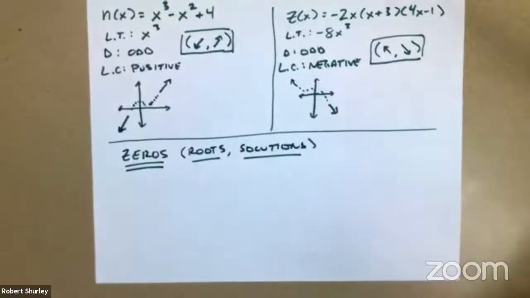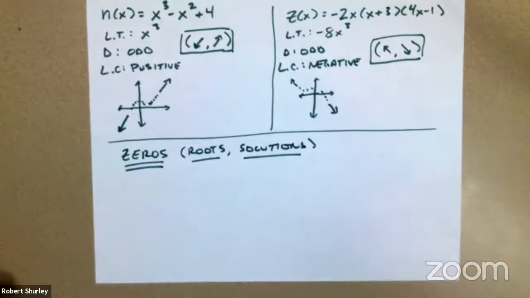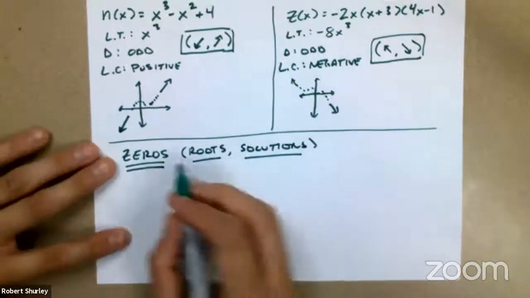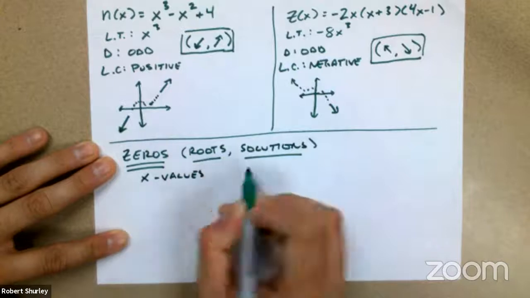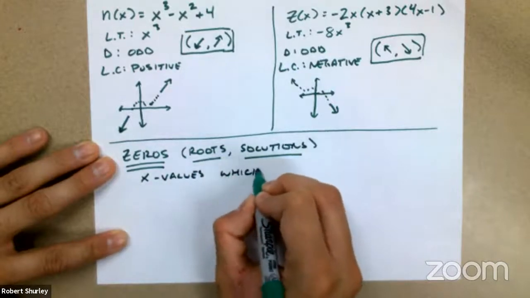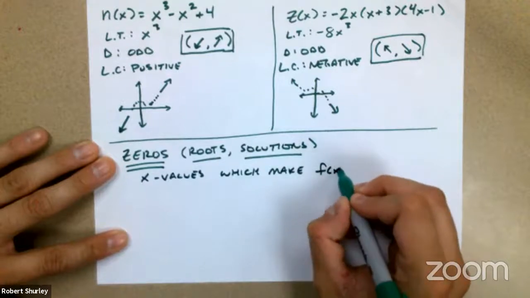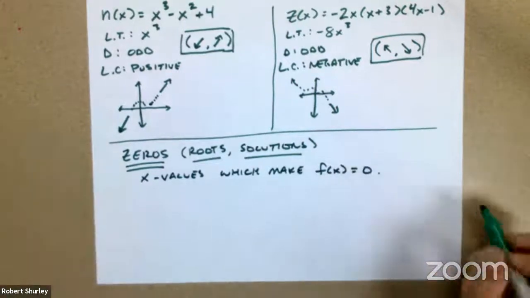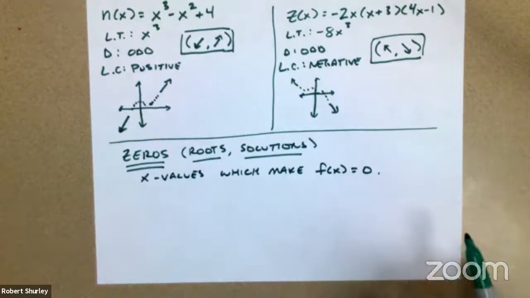But what are zeros? Let's go by the definition. They're x values which make f of x equal to 0.